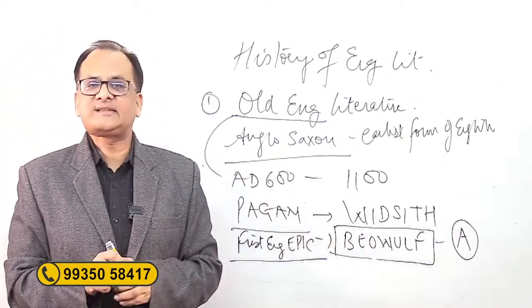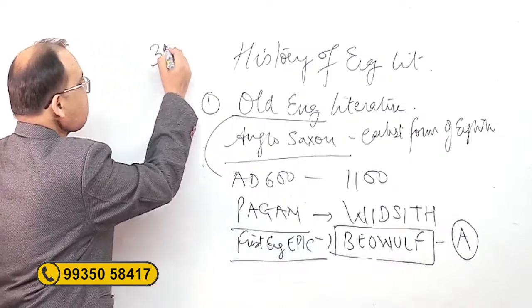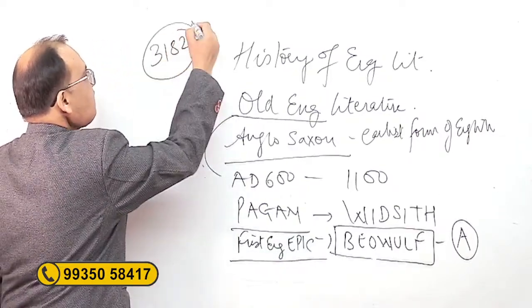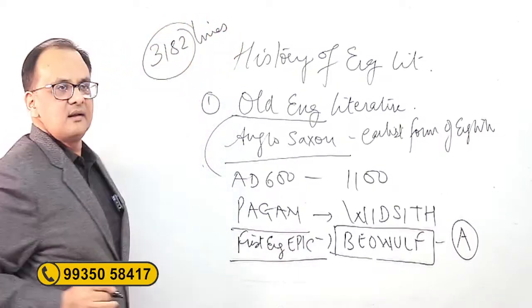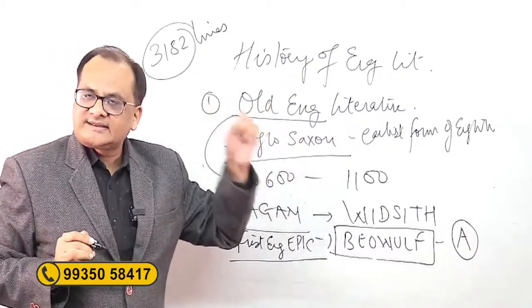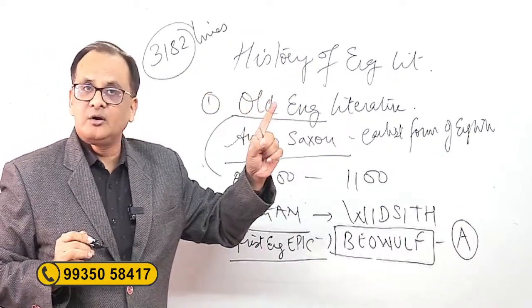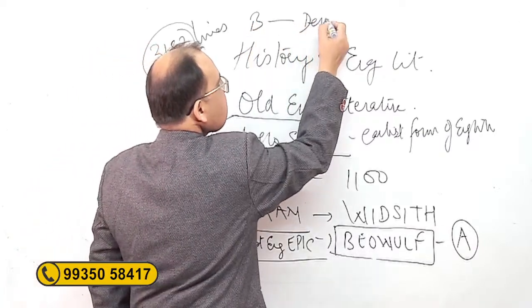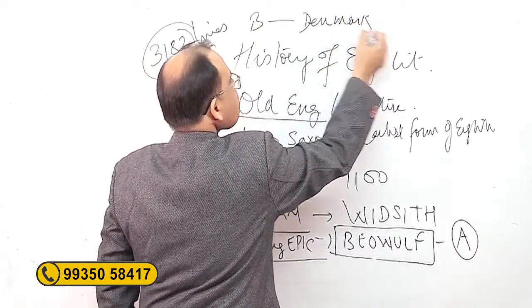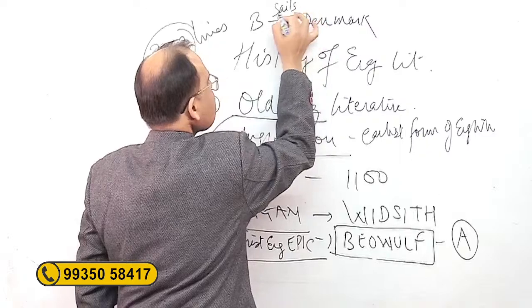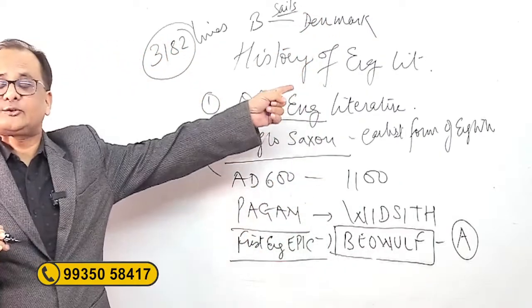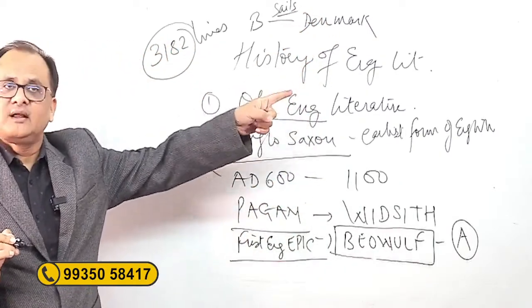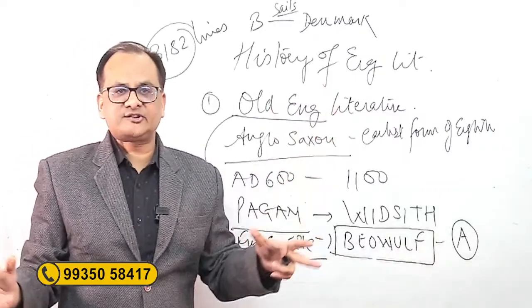And this poem is in 3182 lines. In this epic, Beowulf sails to Denmark with a band of warriors.